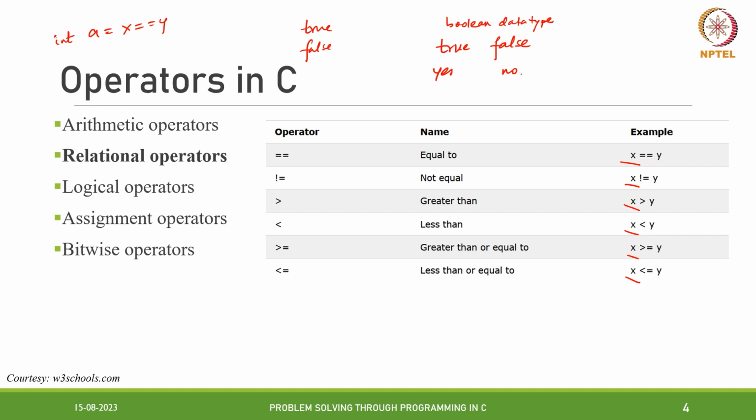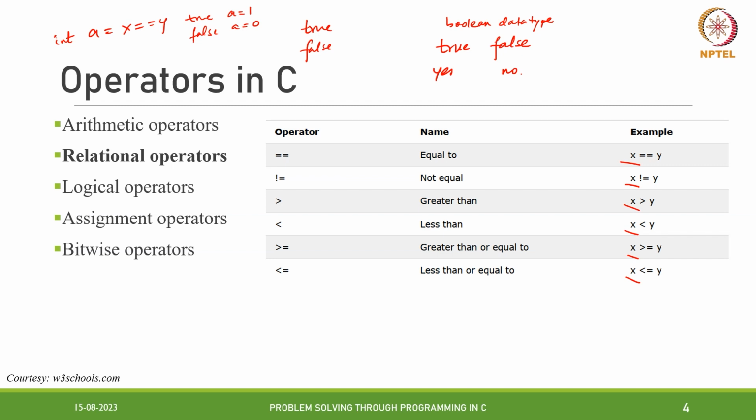If this expression is true, a will have a value of 1. If this expression is false, a will have a value of 0. Do you understand that? Yes, sir.